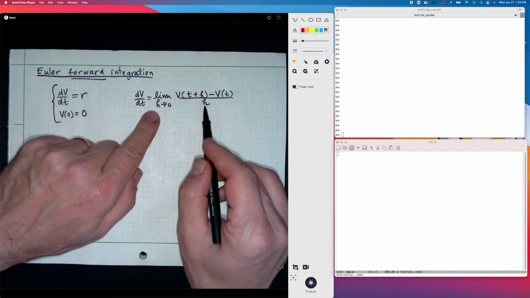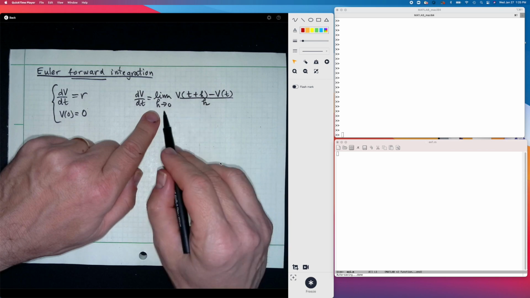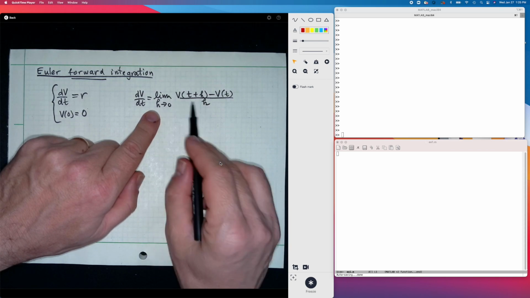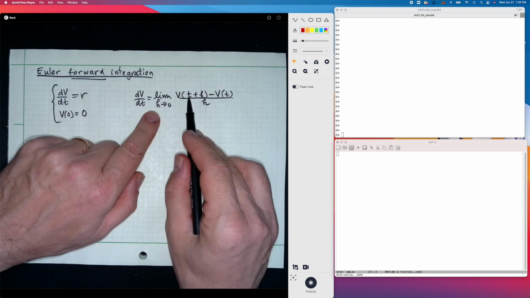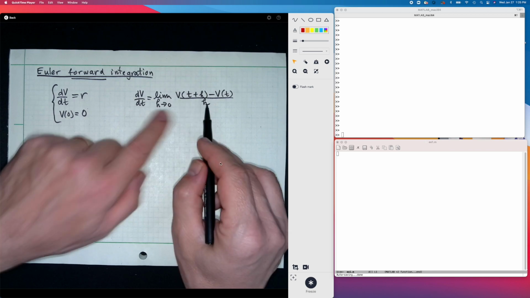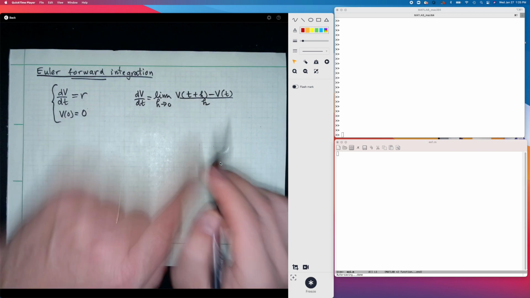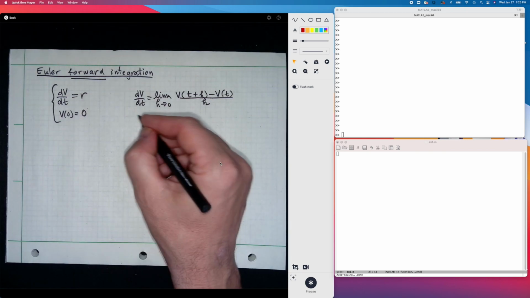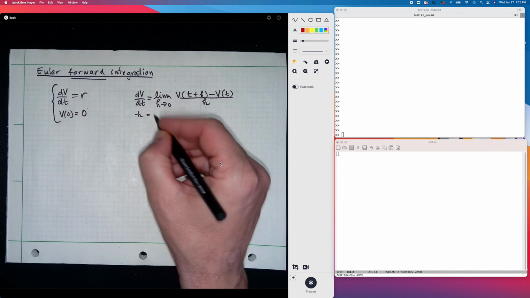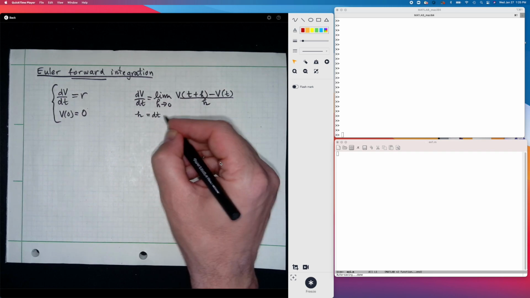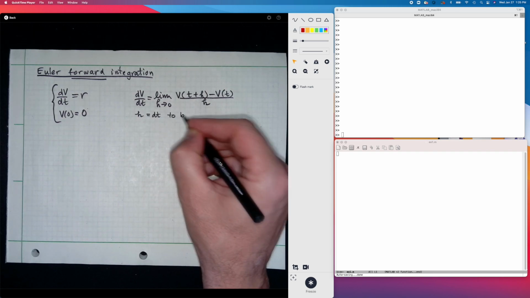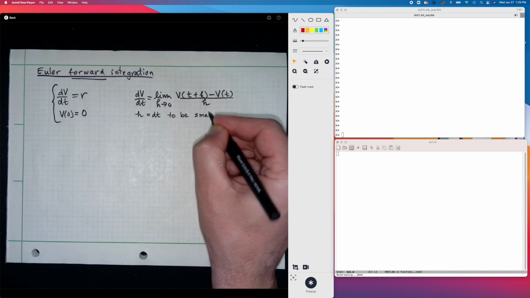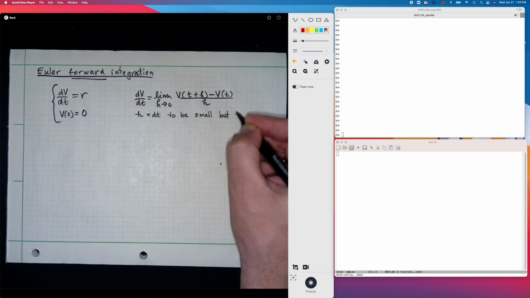We're going to pick h to be small, but not 0, so we have what's called a finite difference. We go from time t to t plus h, and pick h equal to dt, small but finite.